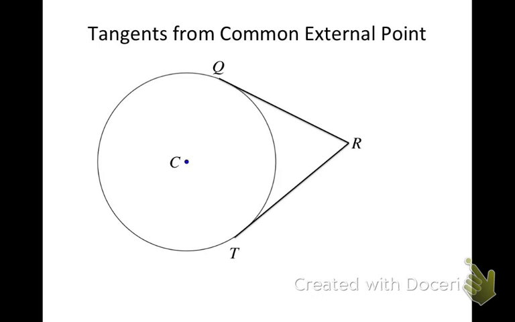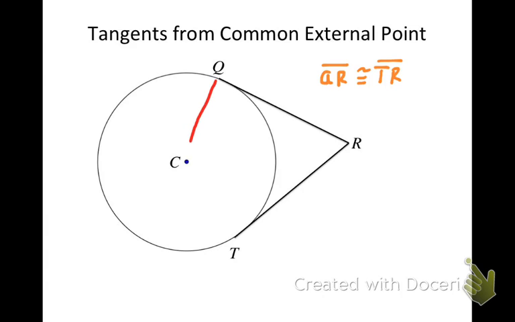Quite simply, segment QR is congruent to segment TR here. Now, you can imagine how we might prove that. I'm not going to go through the entire proof, but I'll just reason it out with you.